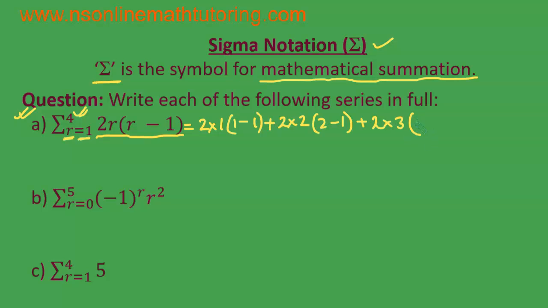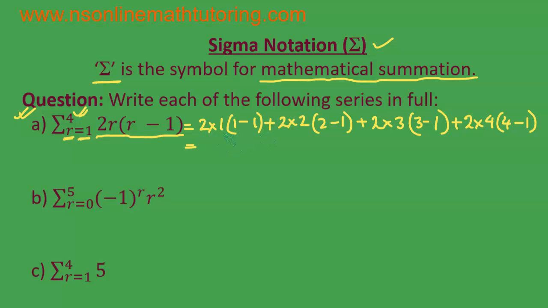R value is equal to 3. So, it is 3 minus 1. Plus 2 times 4, R is equal to 4. And within the parenthesis, 4 minus 1. Okay. So, now we have to just simplify the terms and write them.